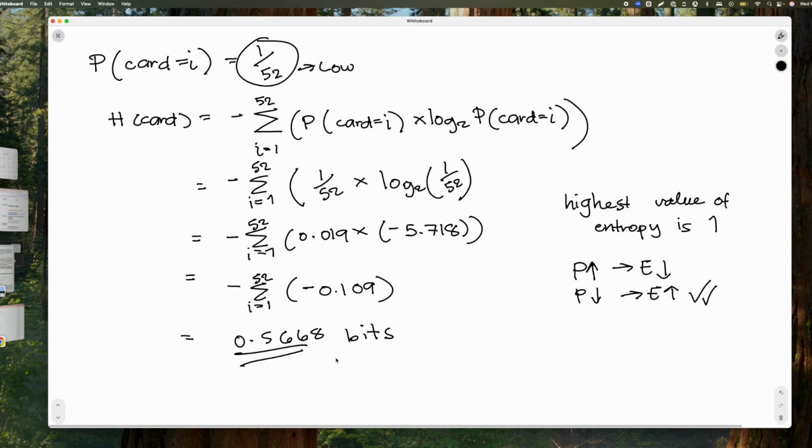Another example would be still playing cards. Consider calculating the entropy of a set of 52 playing cards if you only distinguish them based on their suit.